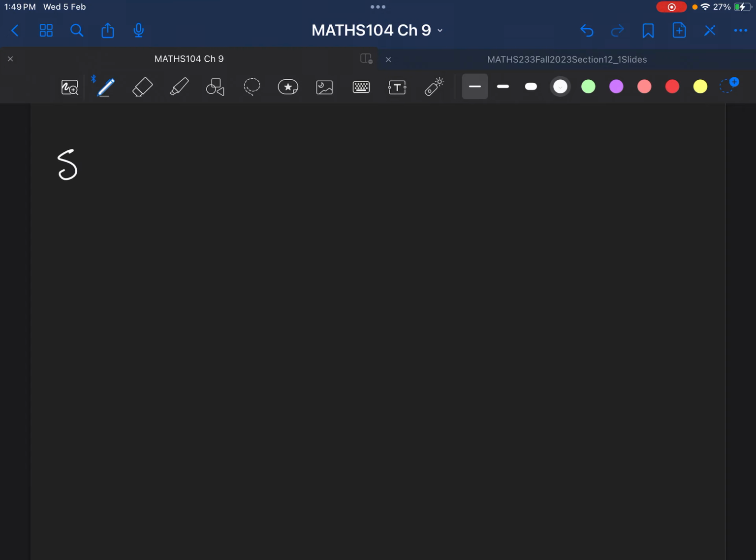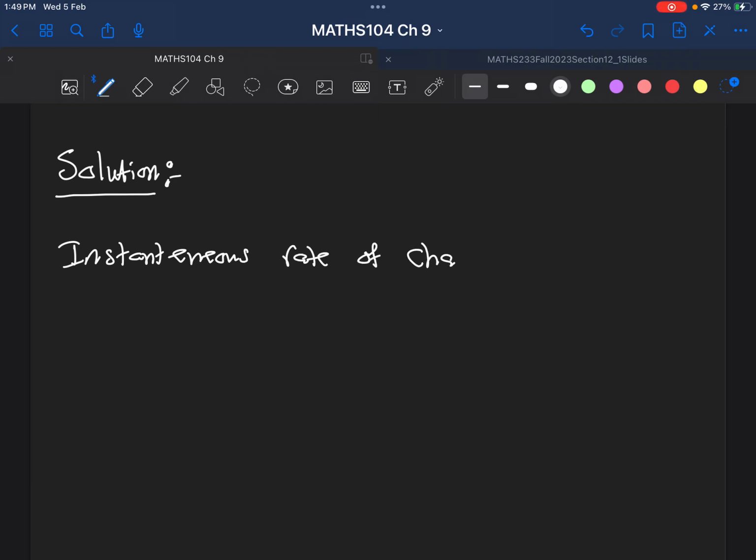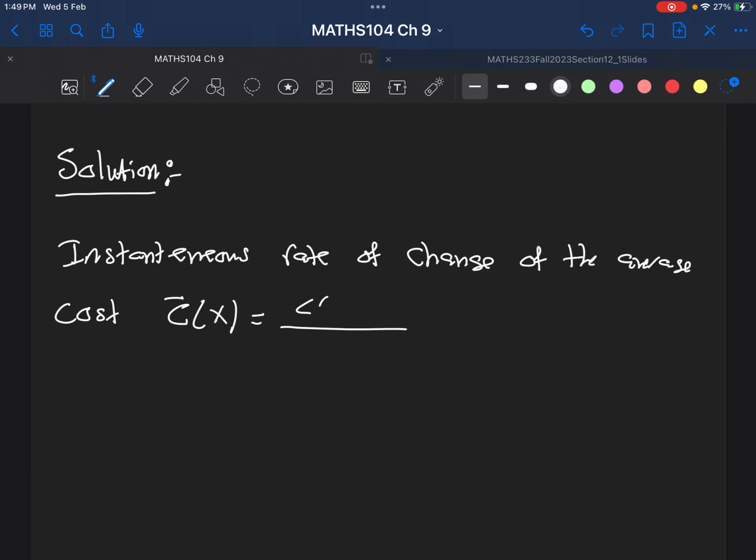So we go to the next page. Do the solution. The instantaneous rate of change of the average cost. What is the formula for the average cost? It is this one, C bar of x.